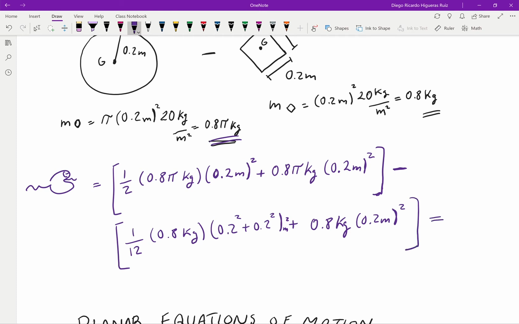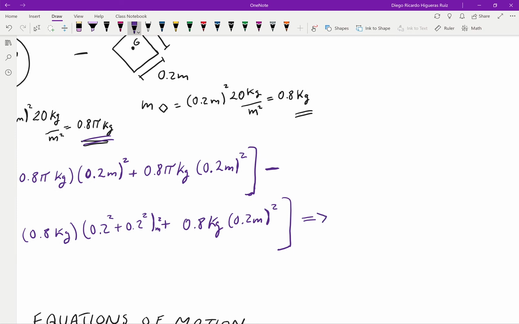If we solve for this, we're gonna obtain the mass moment of inertia of the given geometry at point O, and that's gonna be 0.133. Total is gonna be 0.113 kilogram meter squared.